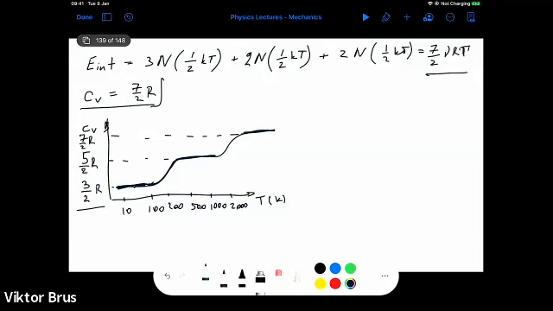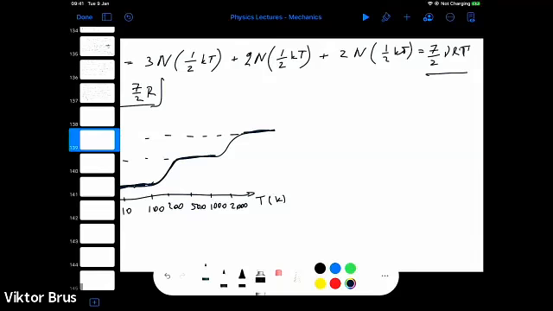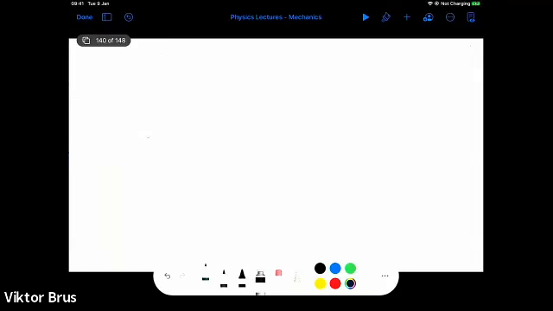Okay, so with this, we are already finished, and we have another topic to discuss, which is distribution of molecular speeds. So far, we were considering some average velocity, some average speed of molecules in an ideal gas.